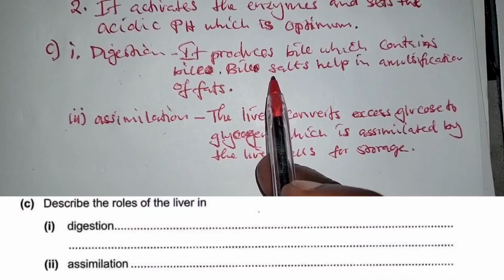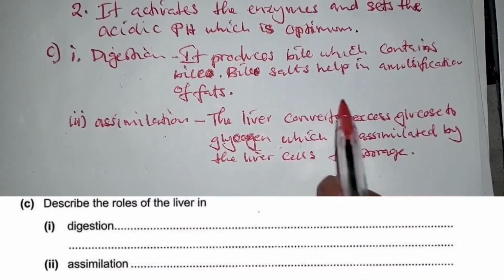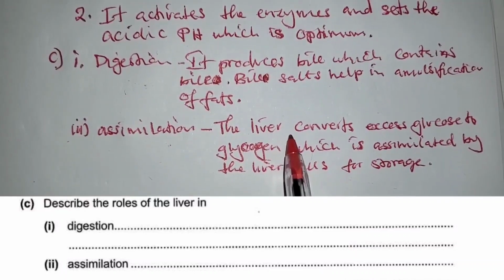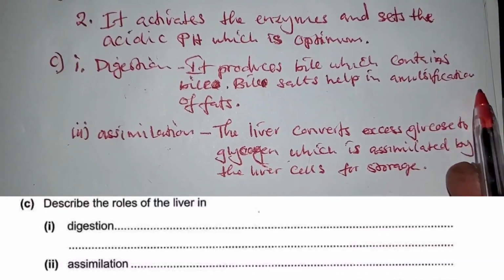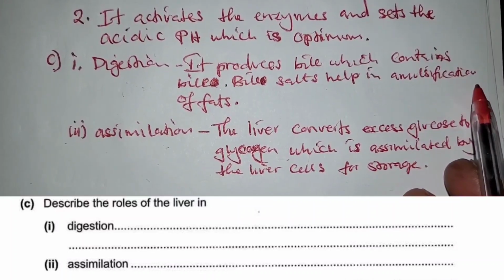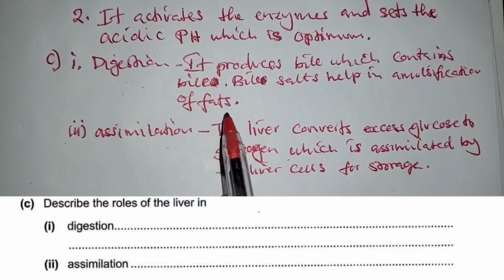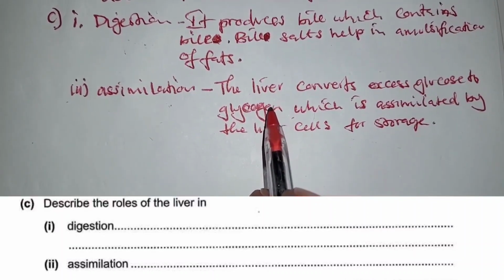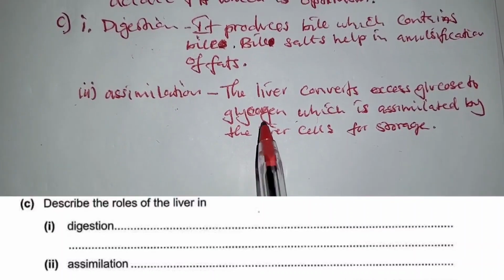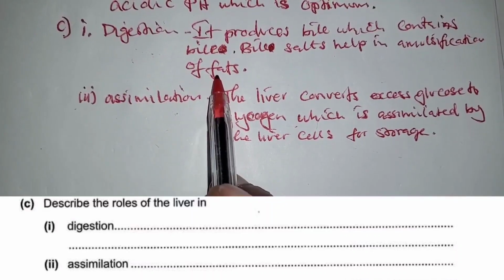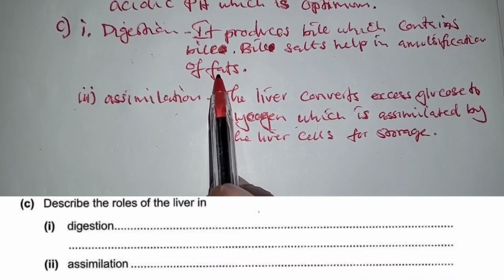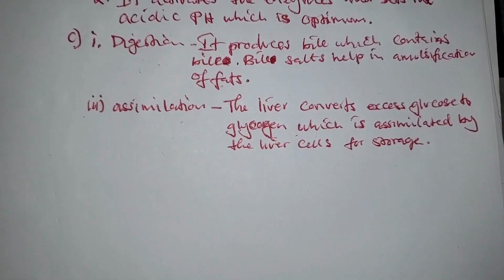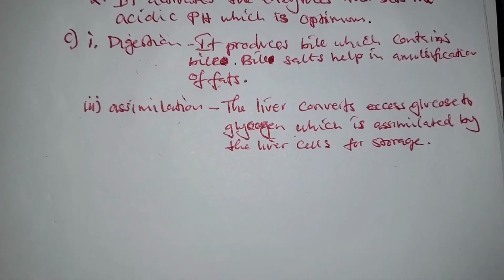Bile salts help in emulsification of fats, not assimilation. Emulsification is the breaking down of large drops of fats into smaller droplets, by an enzyme called lipase. And when fats are broken down, the digestive end products are glycerol and fatty acids. Let's go to the next question. All right, so that's all for this question under digestion.